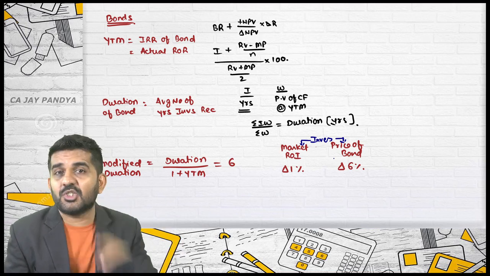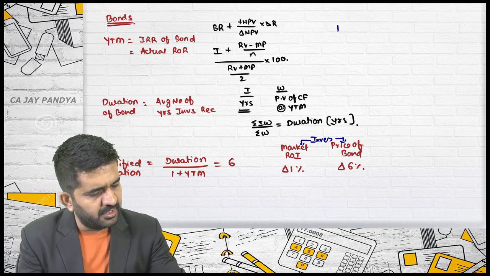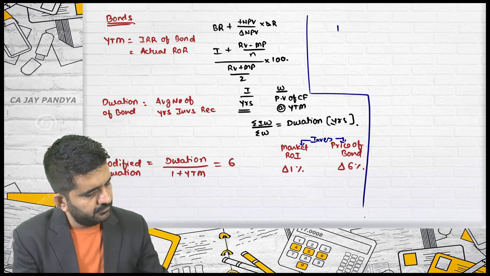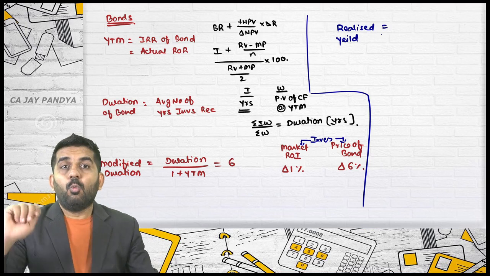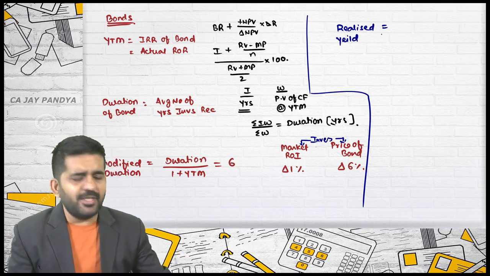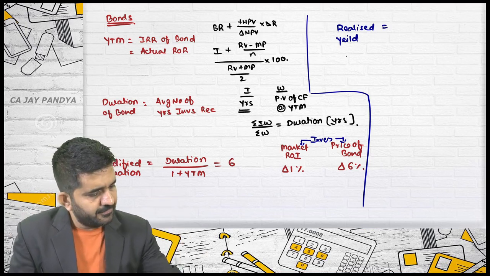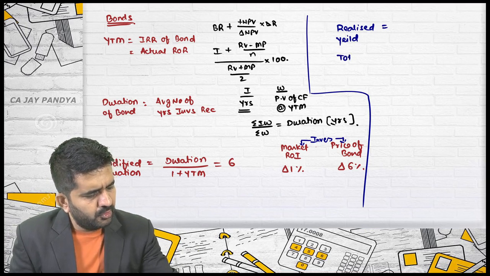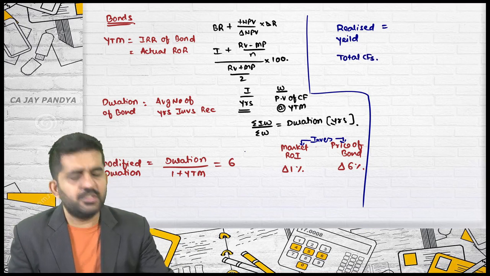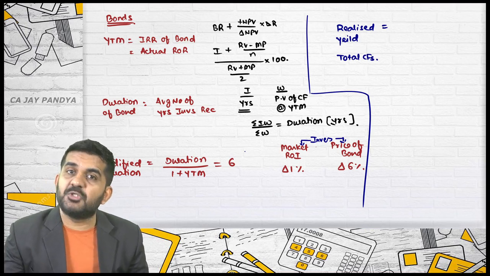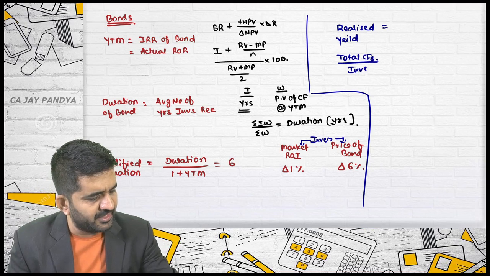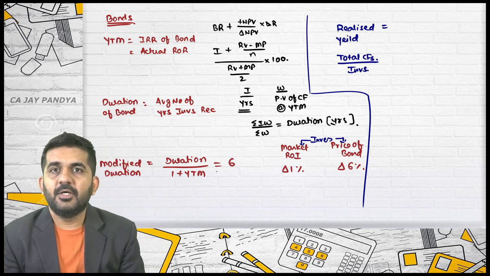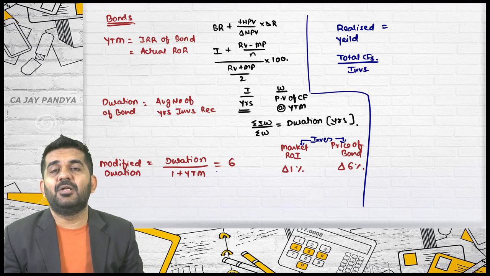Also, in the last question, if you remember, we have done the concept of realized yield. What we did is this. To find out realized yield, first we found out total cash flows, including redemption value and all other interests, divided by investment. This was comparable with 1.